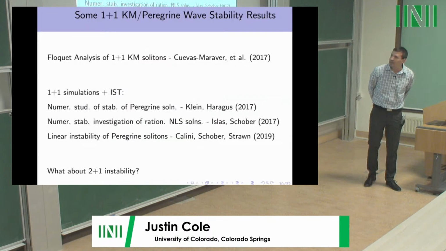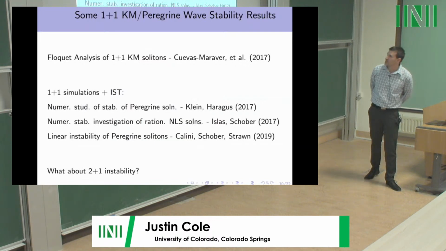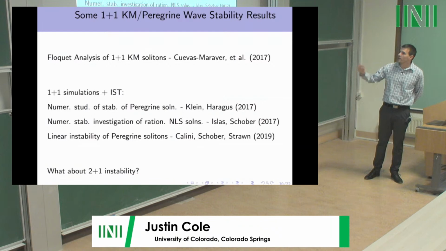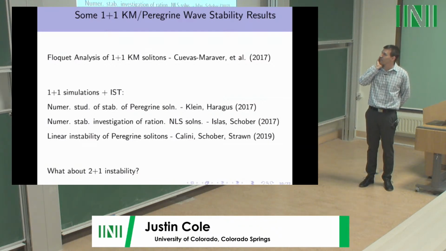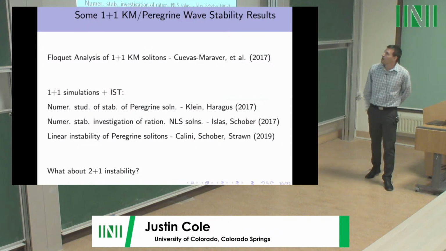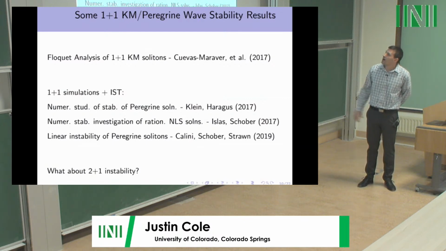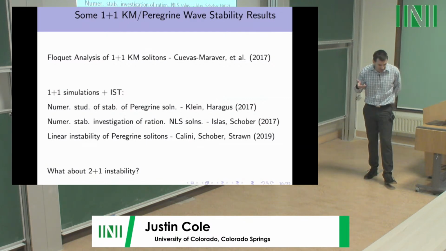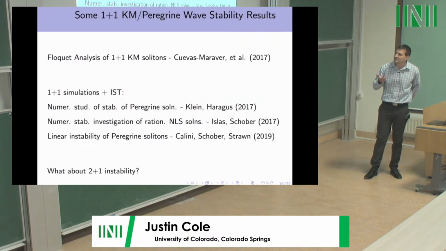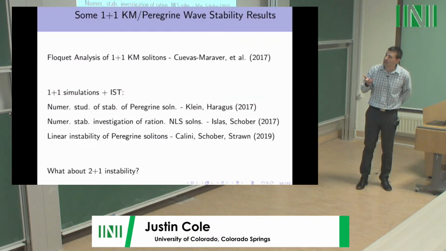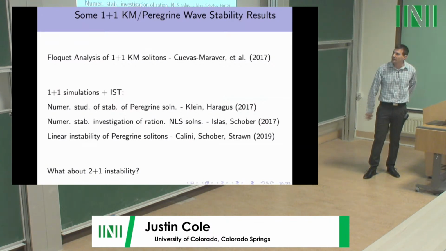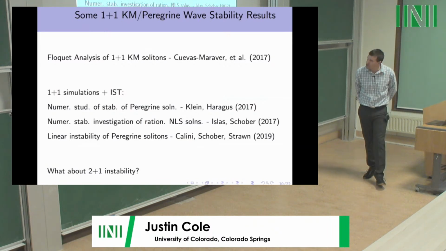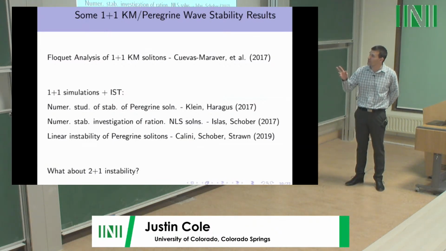Now, recently there has been some study of the stability of these Peregrine and Kuznetsov-Ma solitons. Here are a couple of recent works. The first is a paper that came out in 2017 by Cuevas-Maraver, Kevrekidis, Frantzeskakis, and others. In spirit, it's similar to our work in the sense that it involves a Floquet analysis of the 1+1 Kuznetsov-Ma solitons. The finding in that work was that they were unstable in the 1+1 problem.